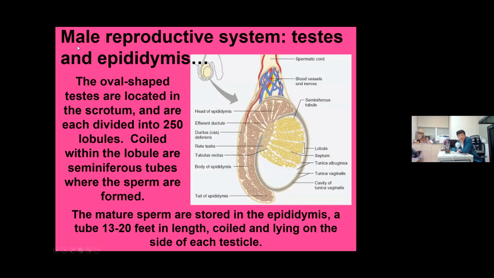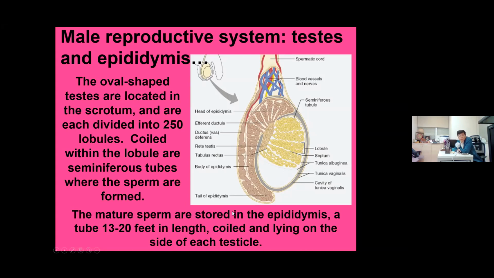Then we look at the male testes. Here are the testes. They have so many tubules, and the sperm is produced inside the testes. Then they will be stored in the epididymis.